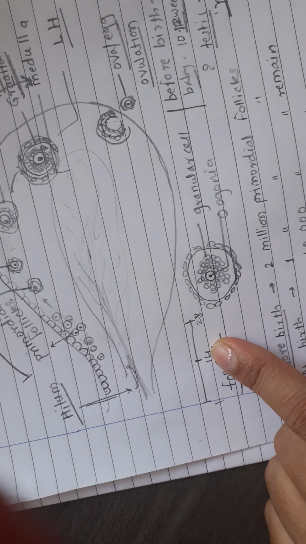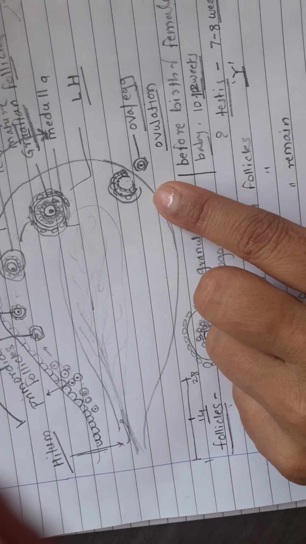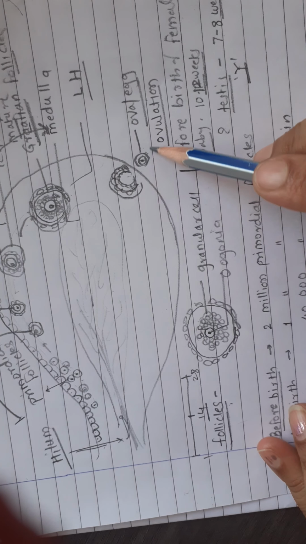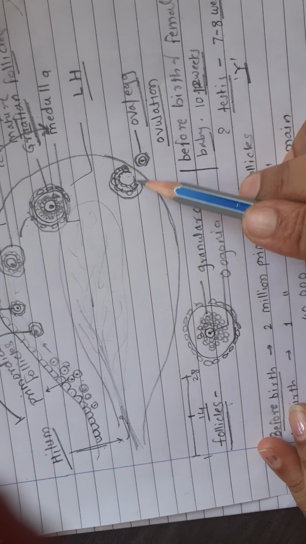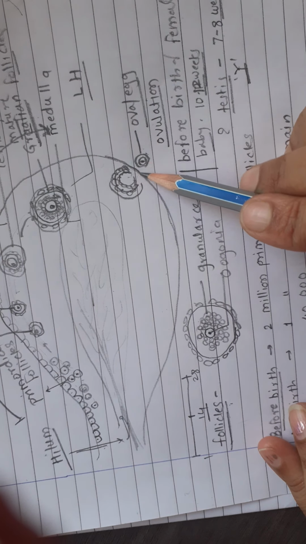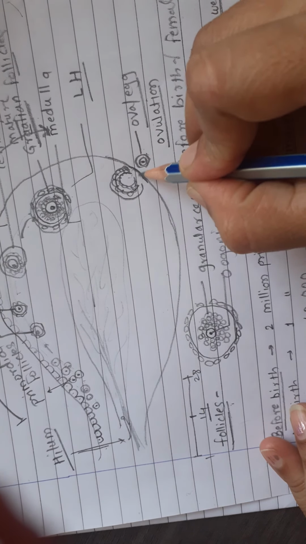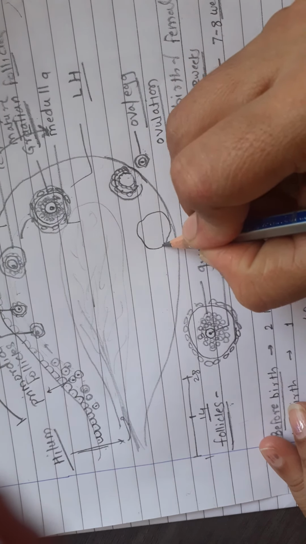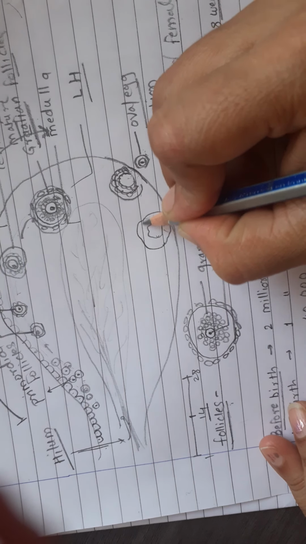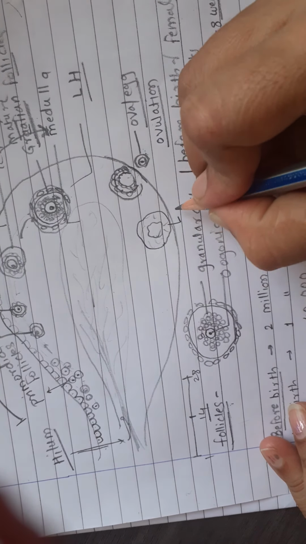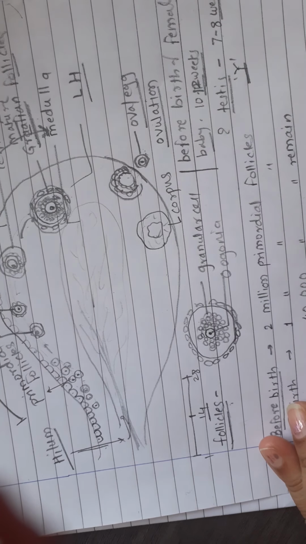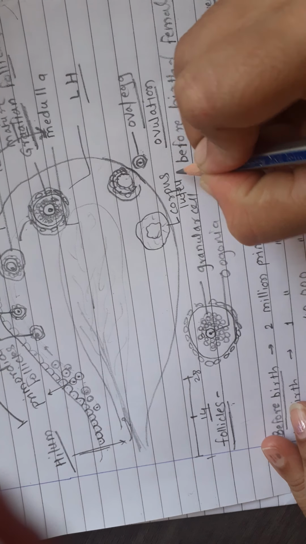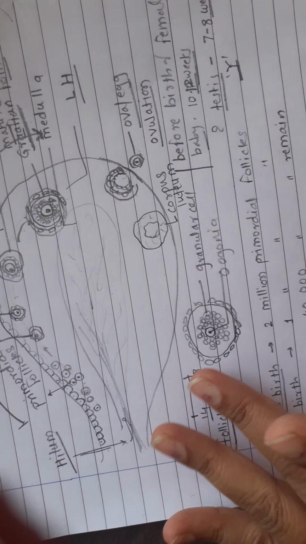When the egg or ova is ruptured and bursts out through the wall of the ovary, the remaining part of the Graafian follicle forms a yellow structure. It is called corpus luteum.